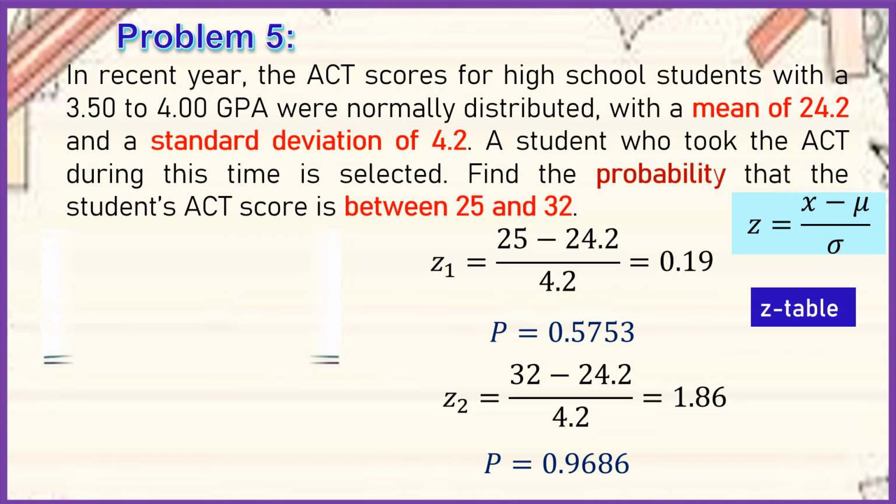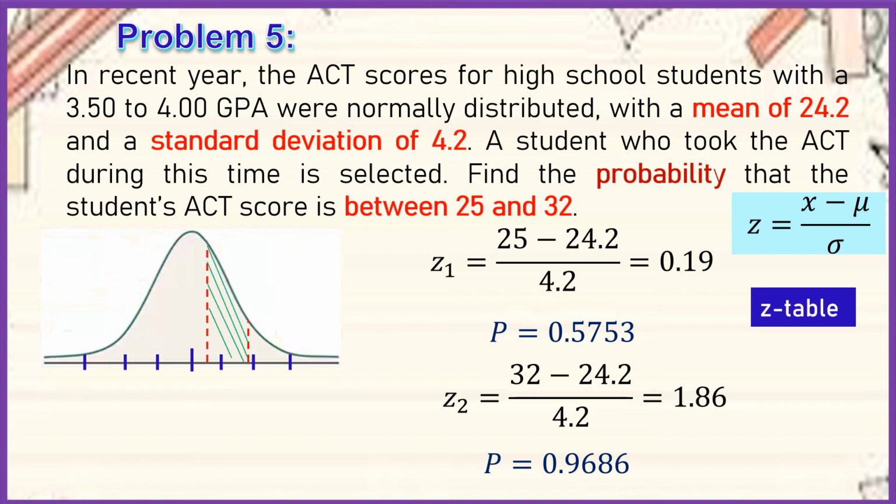So that we can visualize the problem, let's use the normal curve. So this one is z1 and this one is z2. So we are going to solve this area. To solve for this area, we are going to subtract 0.9686 minus 0.5753.